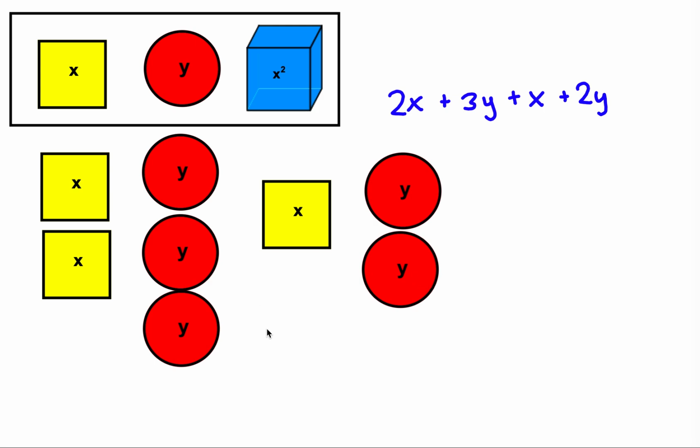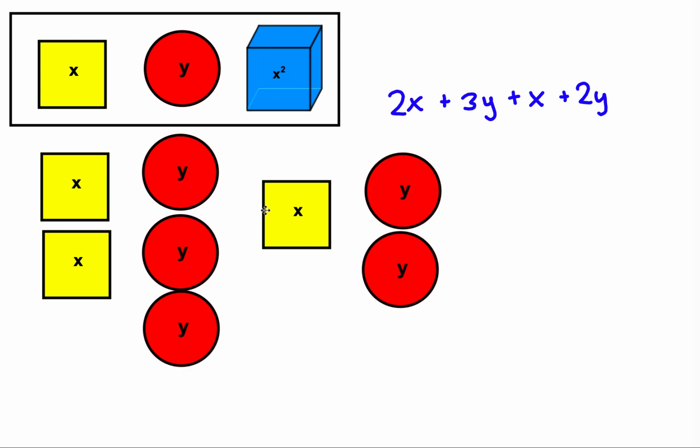Okay, since my x's and y's are different letters, that's why I've got them there as different shapes. Combining like terms means looking for the same shape, same variable, and it also has to have the same exponent. Over here, I have this cube that says x squared on it. It kind of looks like the square, but it's not the same shape, and that's because there's an exponent here.